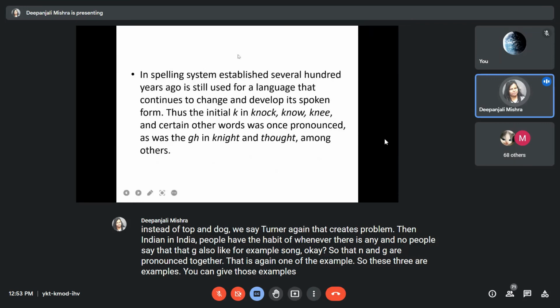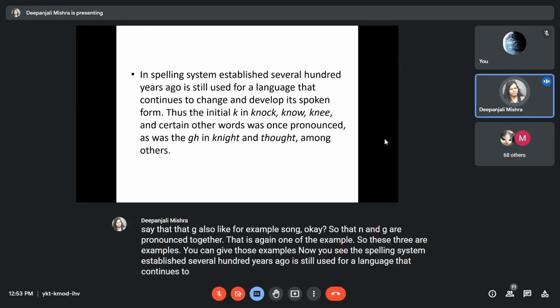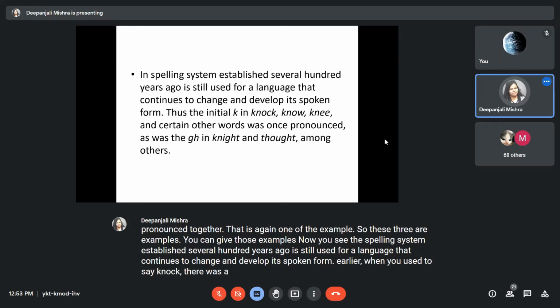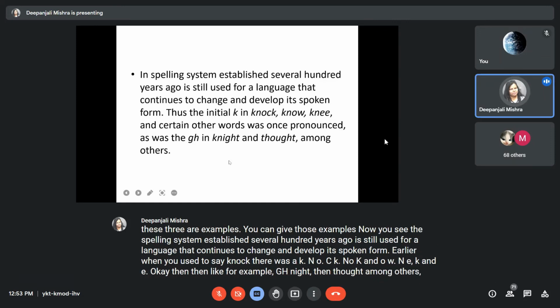Now you see, the spelling system established several hundred years ago is still used for a language that continues to change and develop its spoken form. Earlier, when you said knock, the K was pronounced; likewise in know and knee. Like GH in night and thought, among others. This is completely not needed.